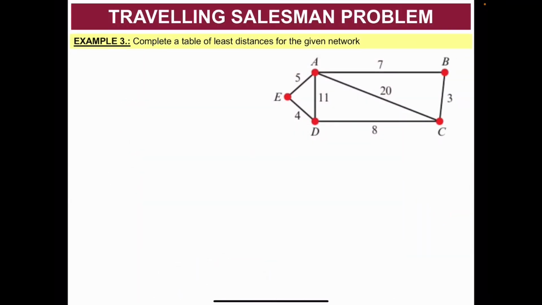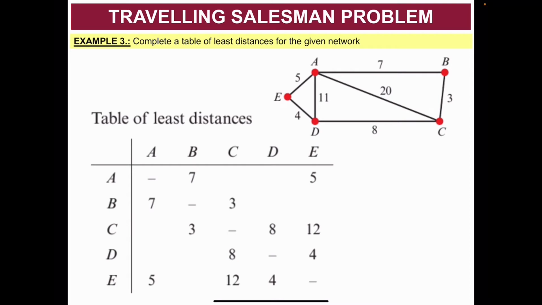So let's look at the guided practice. We need to complete a table of least distances for the given network. Again, that means we don't have to create it from scratch, but we just need to complete. Remember, because we are dealing with a symmetrical undirected network, the table will be symmetrical.